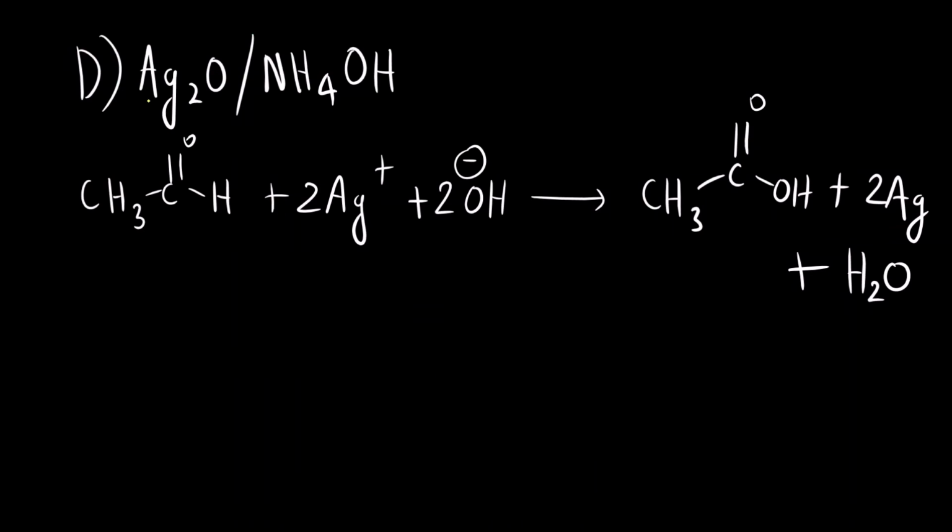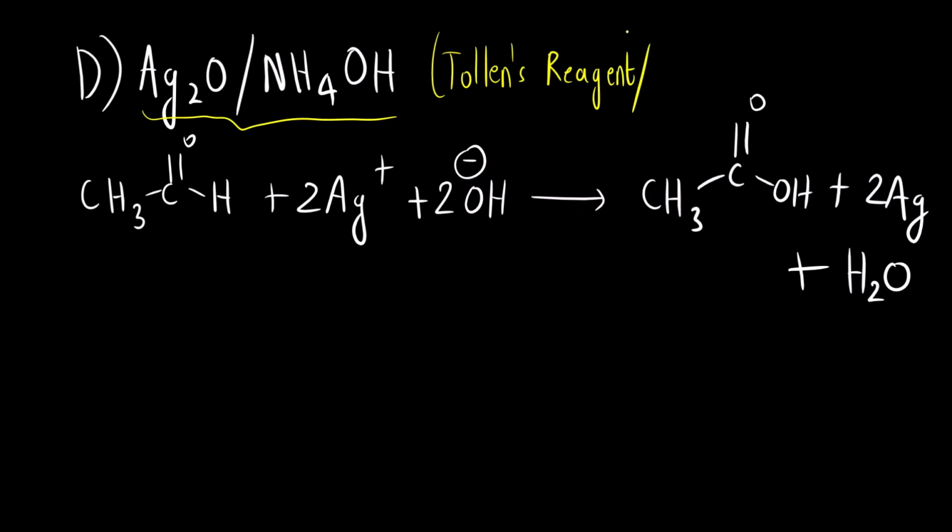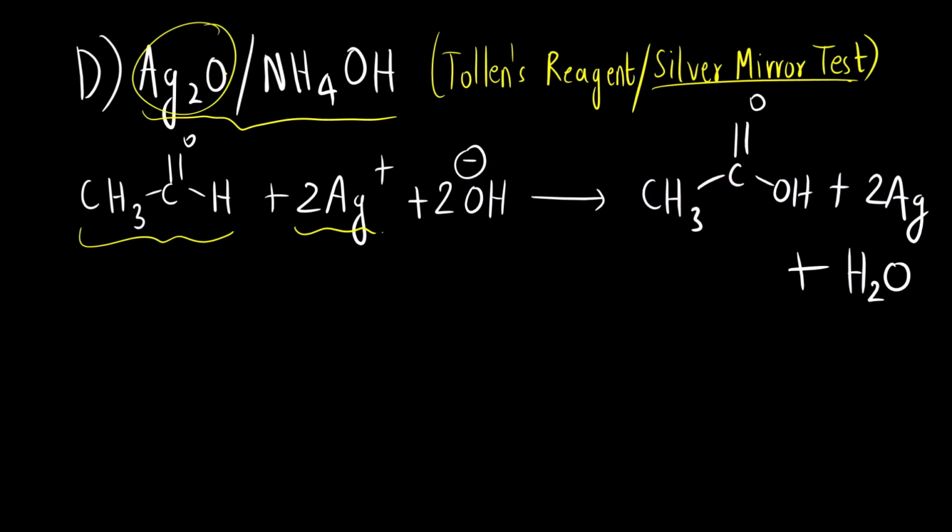Now let us see the last one. This is silver oxide and base. This is Tollen's reagent. This is called as Tollen's reagent, or it is also called as silver mirror test. Okay, now why it is called a silver mirror test, that we will see. So what happens here is, we have an aldehyde in presence of silver ions that we will get from silver oxide, and base.